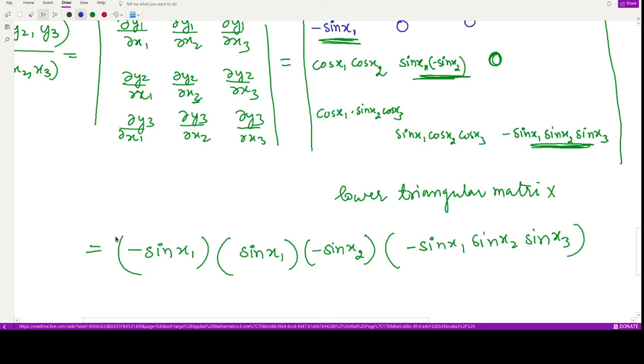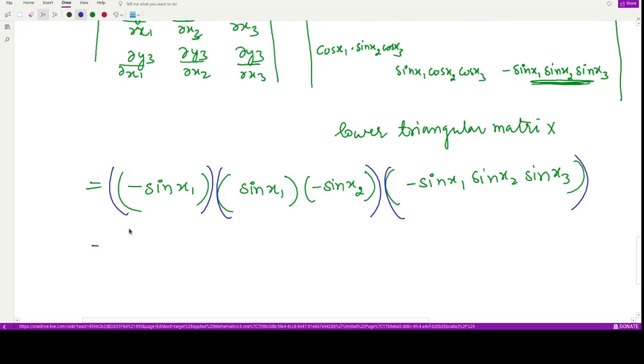So this is the first diagonal term, this is the second diagonal term, and this is the third diagonal term. So we have 3 minus signs, so it would be minus, then sine x1 is here, so its power would be sine x1 cube, sine x2 is here 2 times, so it would be sine x2 square and sine x3.